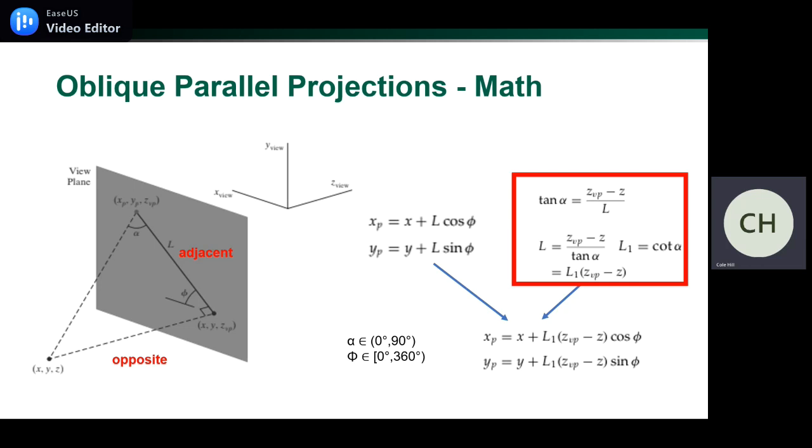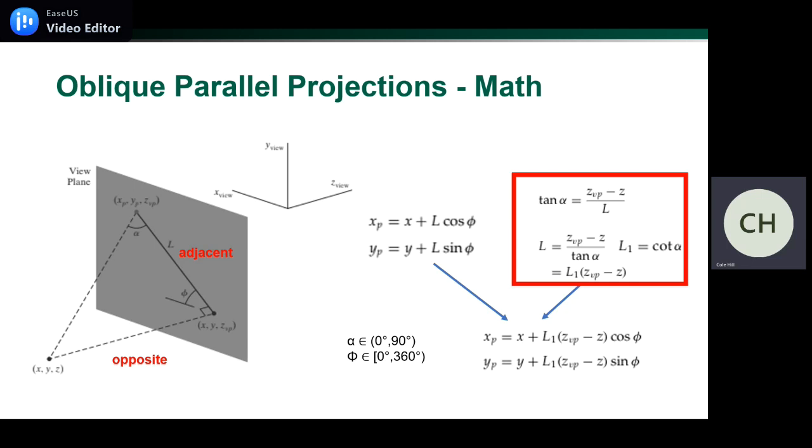And if we create this variable, L1 equal to cotangent alpha, then we can replace that as equal to L1 times z sub vp minus z. And the L1 is what would happen if the length of z sub vp minus z is 1. It's kind of the unit case.